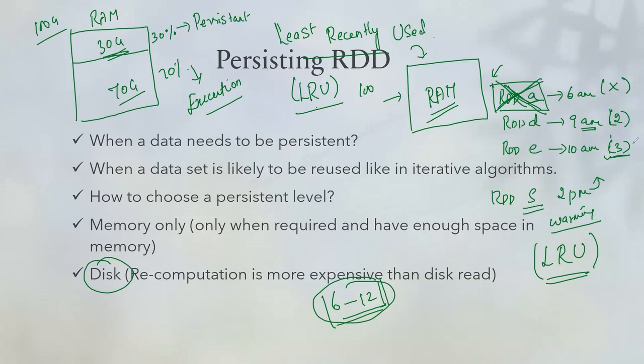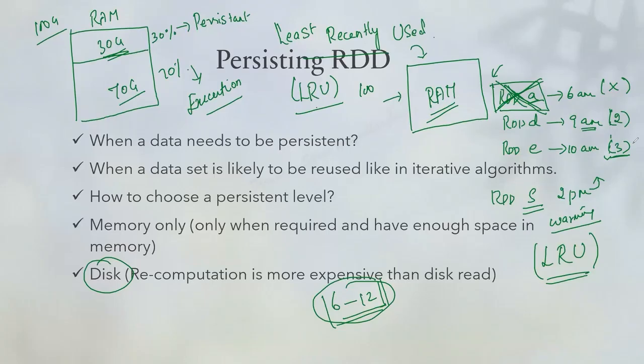Right? So the calculated result, for example, after loading the file, clearing out the header, splitting it, extracting the needed index, I have data. I would like to persist it, but I don't have enough memory available in the RAM space. And I also don't want to recalculate it one more time, because again, the cost is going to be high.